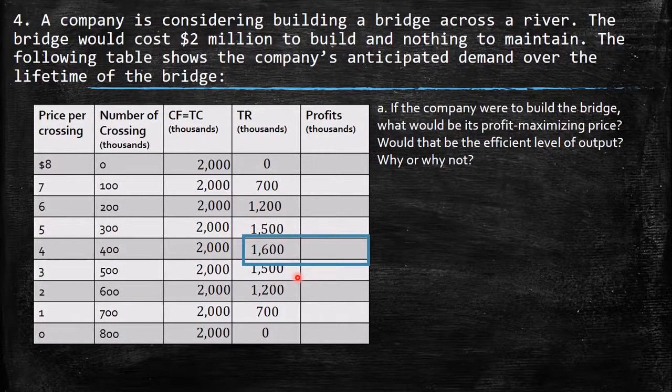Then the profit is going to be total revenue minus total cost. At that time no one crosses the bridge, but you still need to pay the investment, which is going to be 2,000. So then the profit is going to be negative 2,000. It's going to be 2 million, and then it goes like this. Then at that point, unfortunately, they don't have any profits.